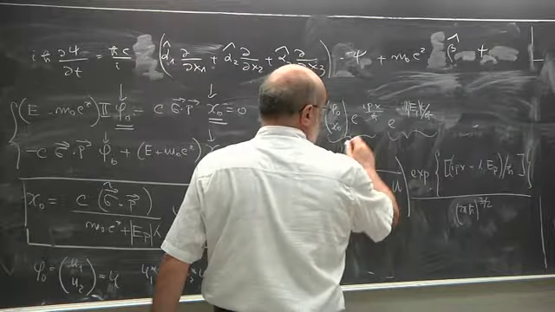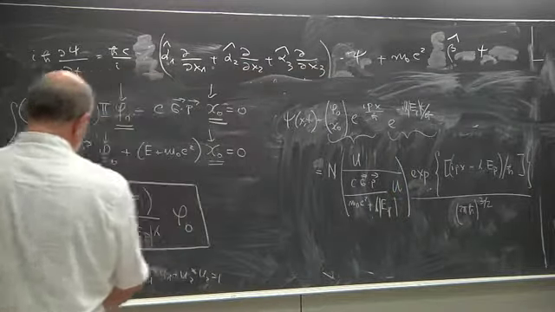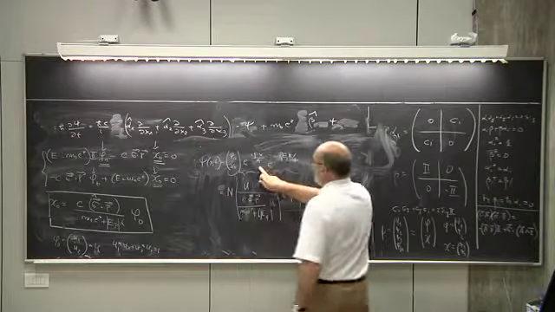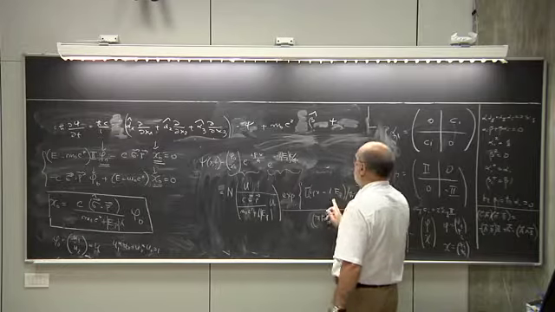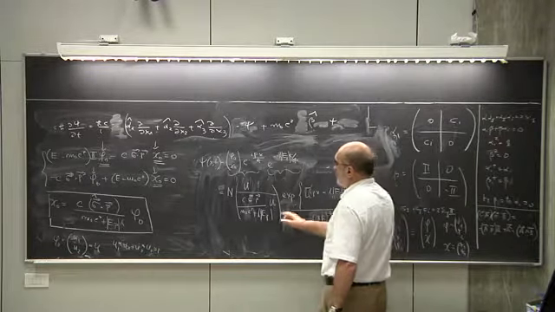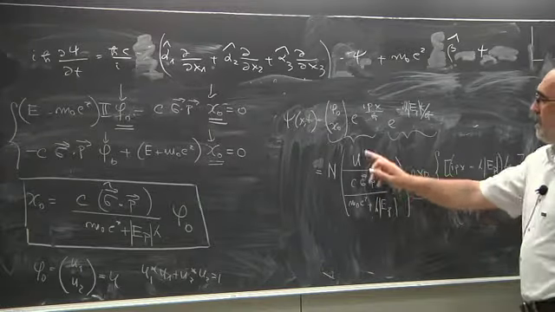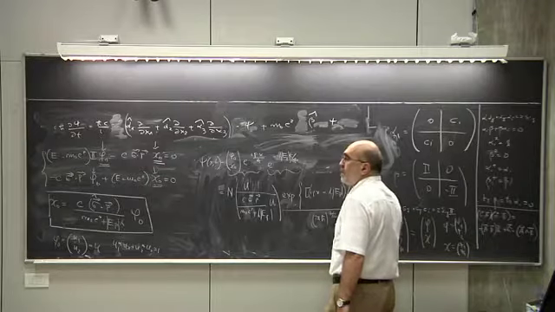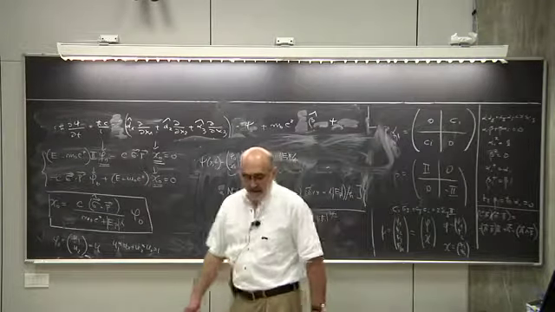The upper component is arbitrary, is u, because I choose phi 0 to be u. Then I have the normal space part and the normal time part. So this is chi 0, and this is phi 0.